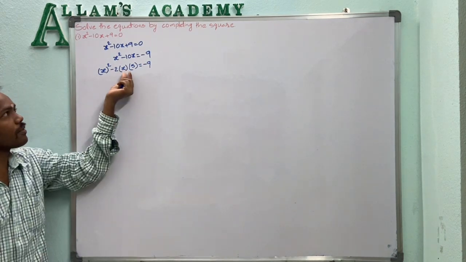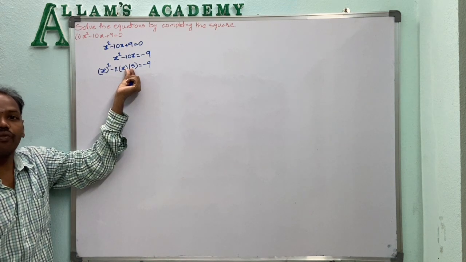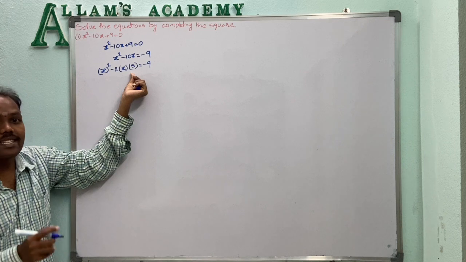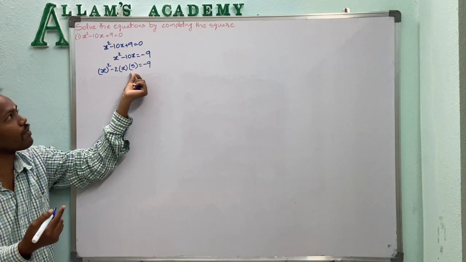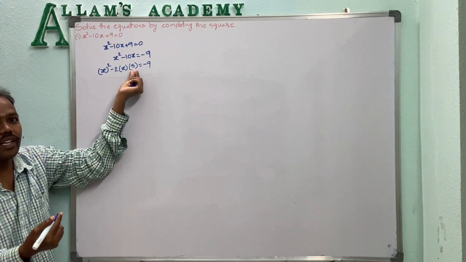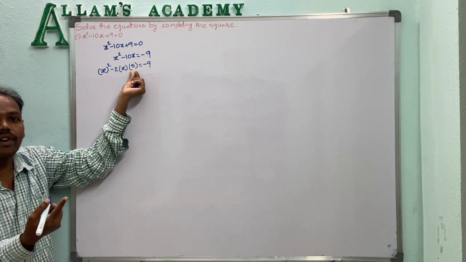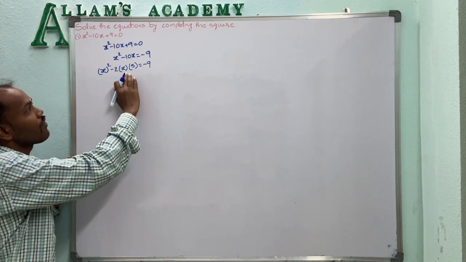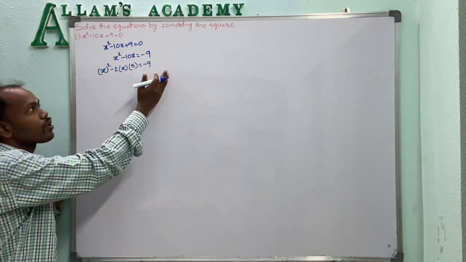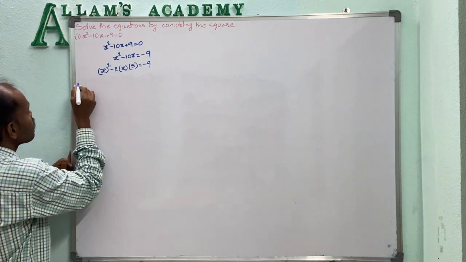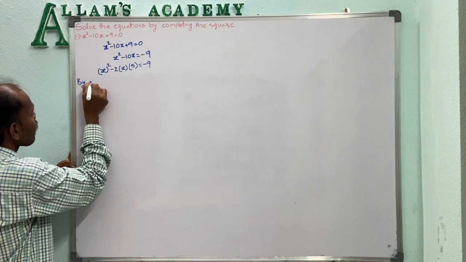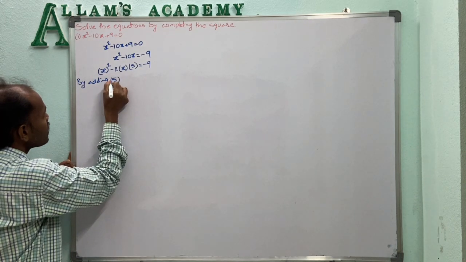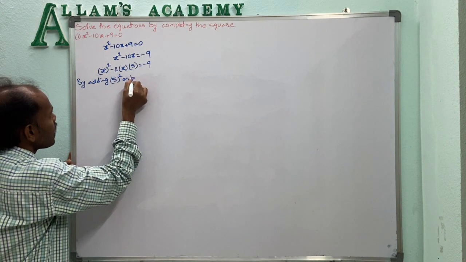So 2x into 5 equal to minus 9. Now the b term is 5, and we want to make the LHS a minus b whole square, so we add b square, that is 5 square. To keep the equation unchanged, we add 5 square on both sides.